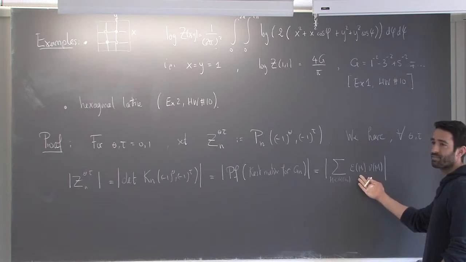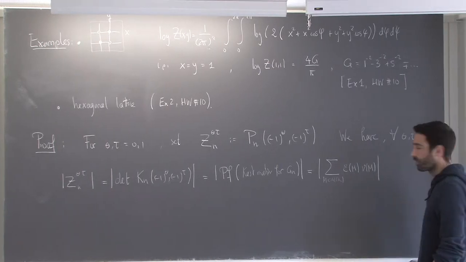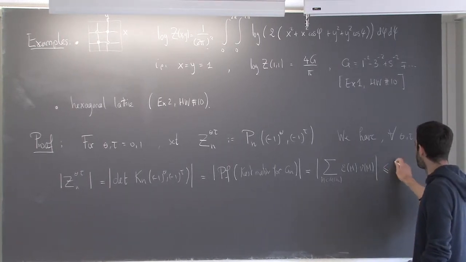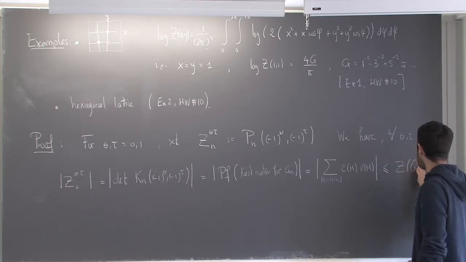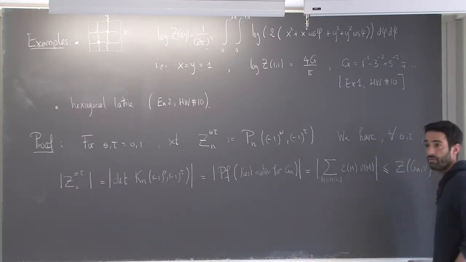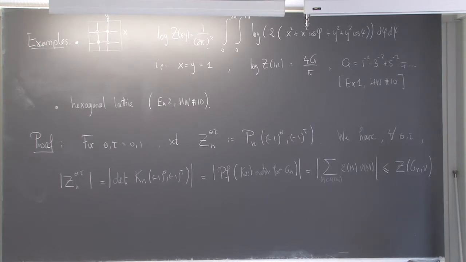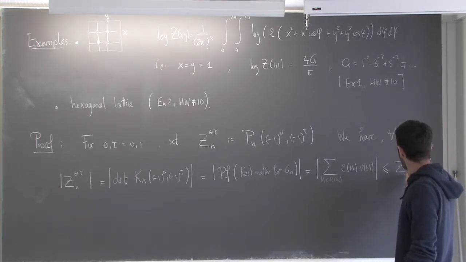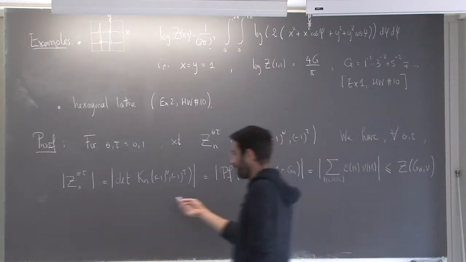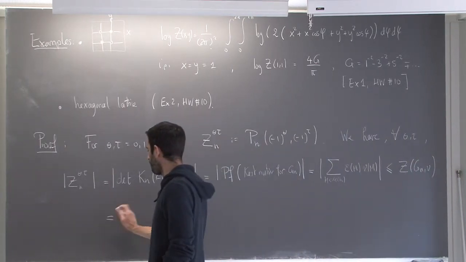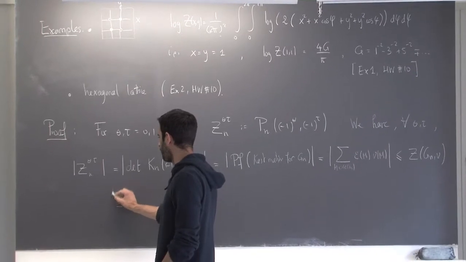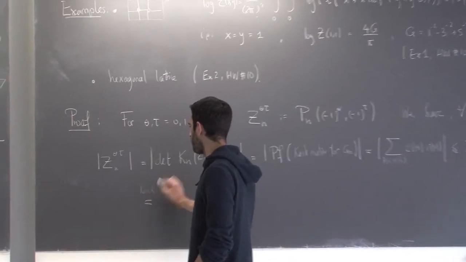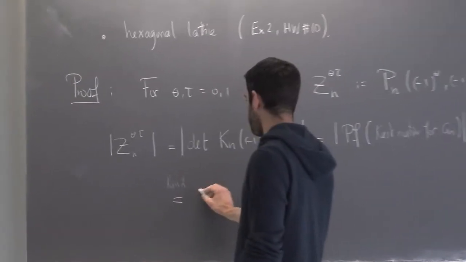Since I might have some signs that are not 1, this is less or equal to the partition function. Now the partition function, we saw that it's given by the Pfaffian formula, but I think I had reformulated this as remark 2 last week.